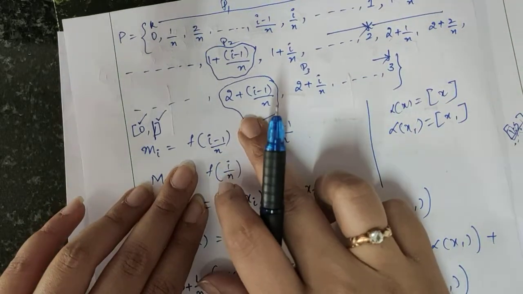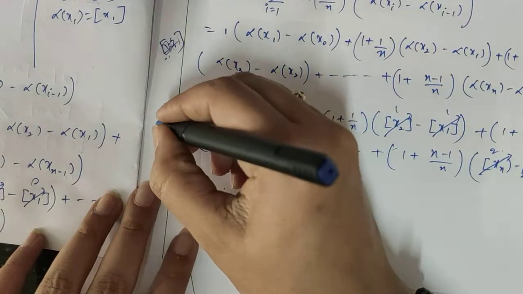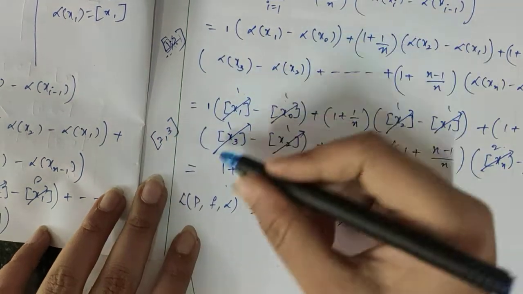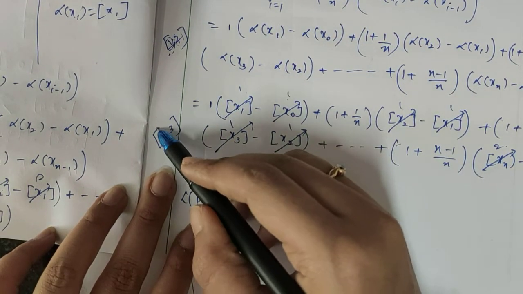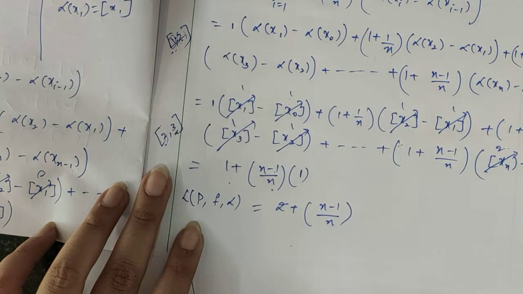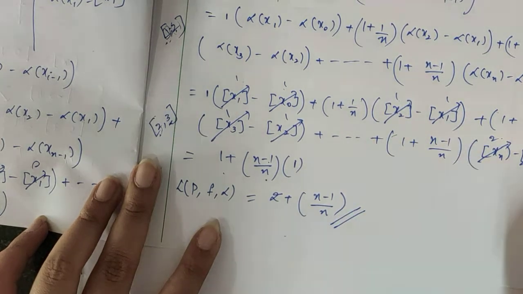So now substitute this and expand your summation. Since the interval is from 2 to 3, till xn minus 1 all the values will become 2 and xn will be 3. Substitute this value, you will be getting 2 plus n minus 1 by n.